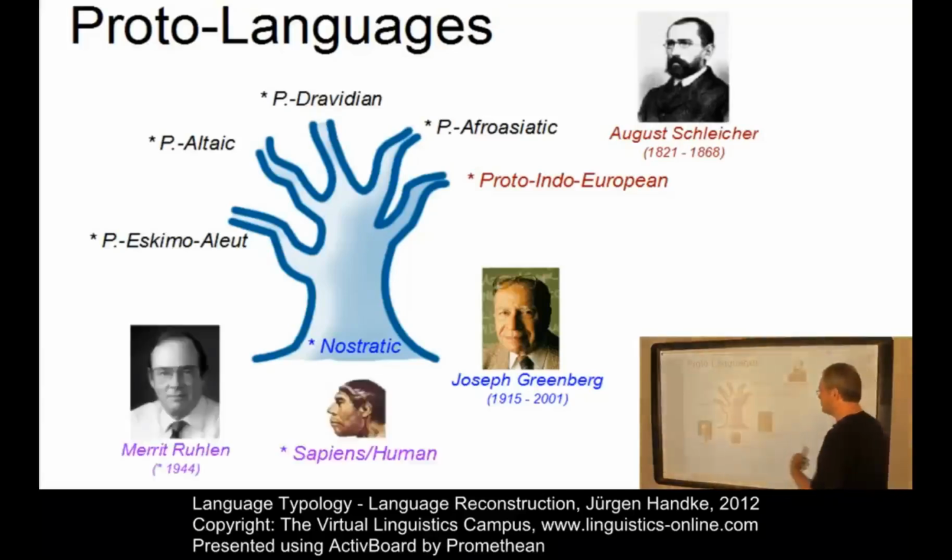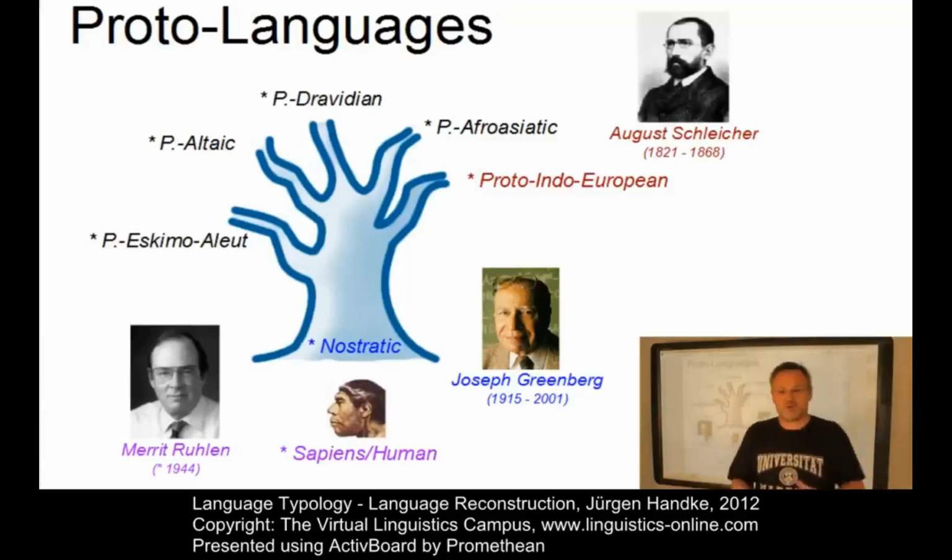According to Merritt Ruhlen, a well-known typologist, it could be called Proto-Sapiens. You might also want to use the term proto-human, proto-world, proto-terrestric, to name a few. But this is all very, very speculative. So let us now look at the principles of reconstructing such proto-languages in more detail.